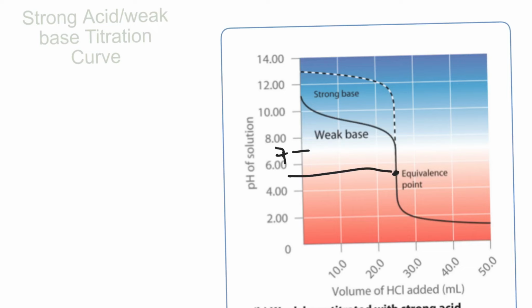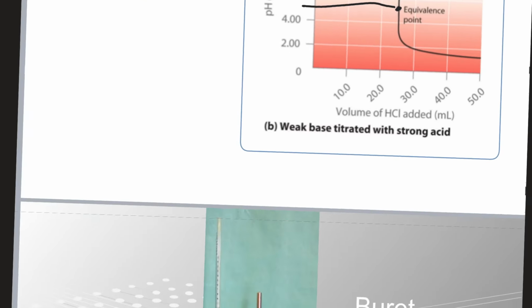I will definitely test you on it. When you look at a titration curve, always pay attention to the equivalence point and where it lands. If it's above 7, you had a strong base with a weak acid. If it's lower than 7, you had a strong acid titrated with a weak base. That's the big thing there.